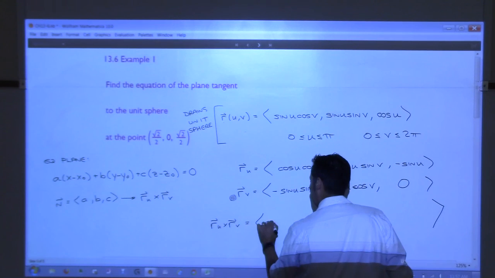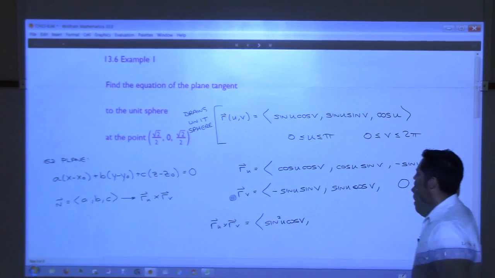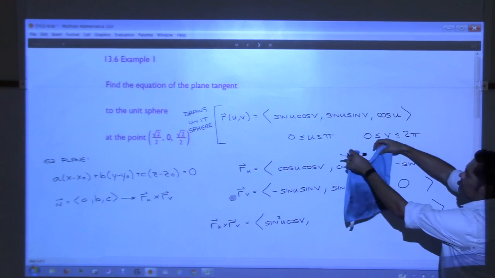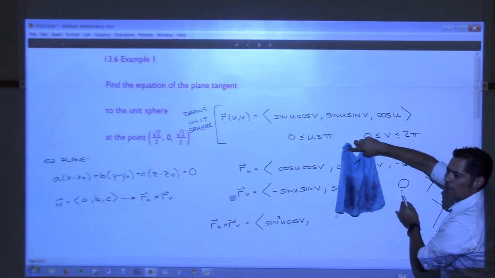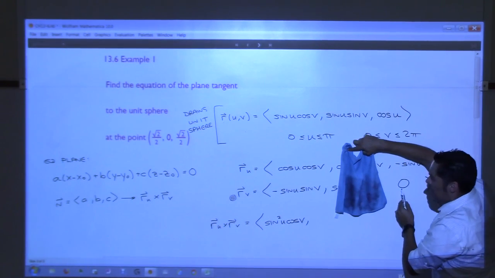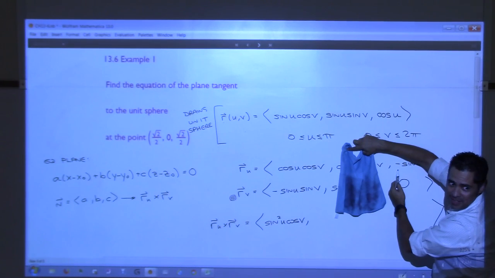Sine squared u cosine v. Okay. Now we take the middle one, cover it up, and we do a determinant here, and we change the sign. So when I do this times this, it's 0. Minus this times this, but that's a positive, so it's going to be minus, but then you change it. It's plus, right?